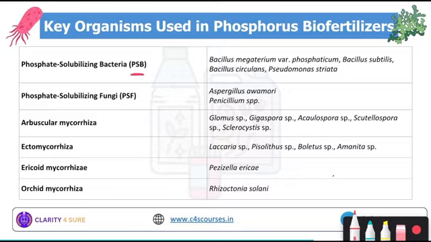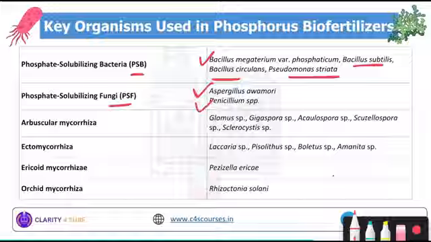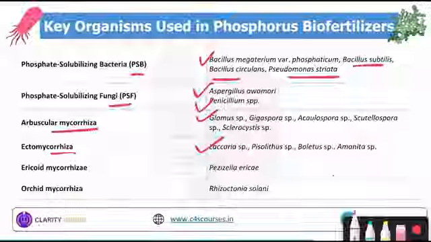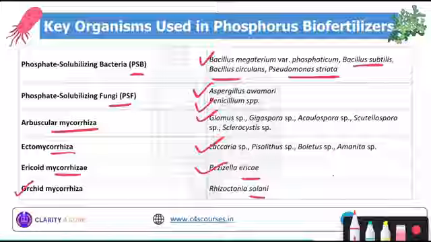Okay, so phosphate solubilizing bacteria, the examples are Bacillus megaterium, Bacillus subtilis, Bacillus circulans, Pseudomonas striata; then fungi, Aspergillus awamori, Penicillium species; then arbuscular mycorrhizae, Glomus species; then ectomycorrhiza, Laccaria species; then ericoid mycorrhiza, the Ericaceae; then orchid mycorrhiza, Rhizoctonia solani.